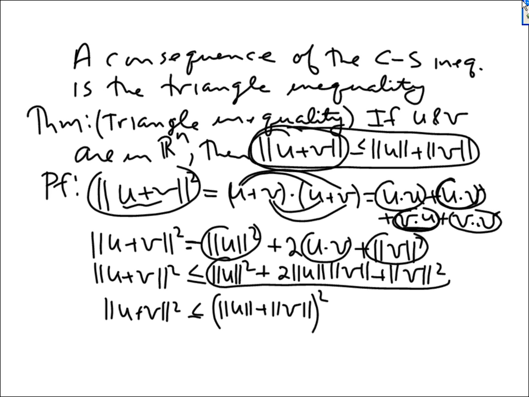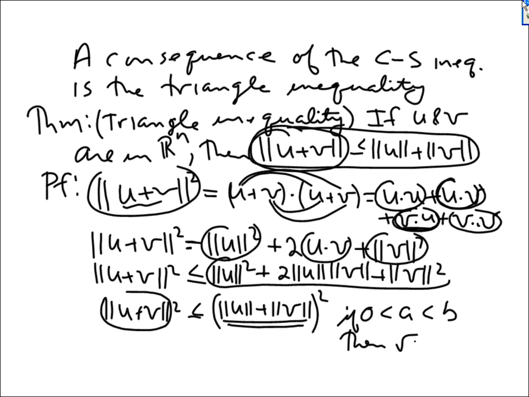Now, this is positive, and that's positive. So when I take square roots of both sides, which I'm about to do, I don't have to worry about absolute values. If a is less than b and they're positive, then the square root of a is less than the square root of b.